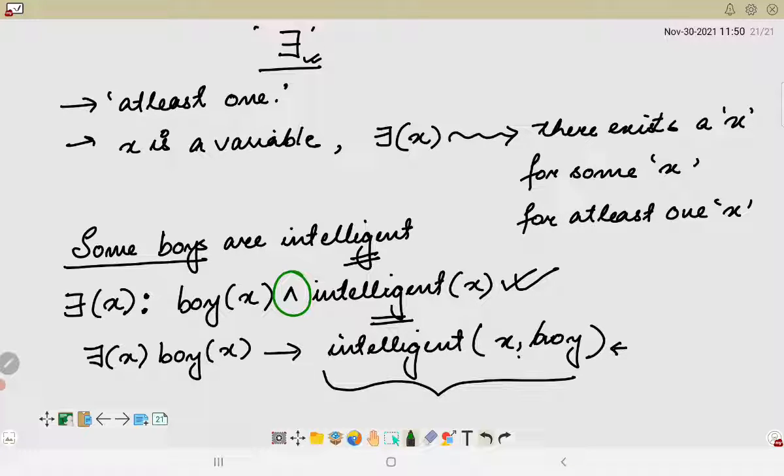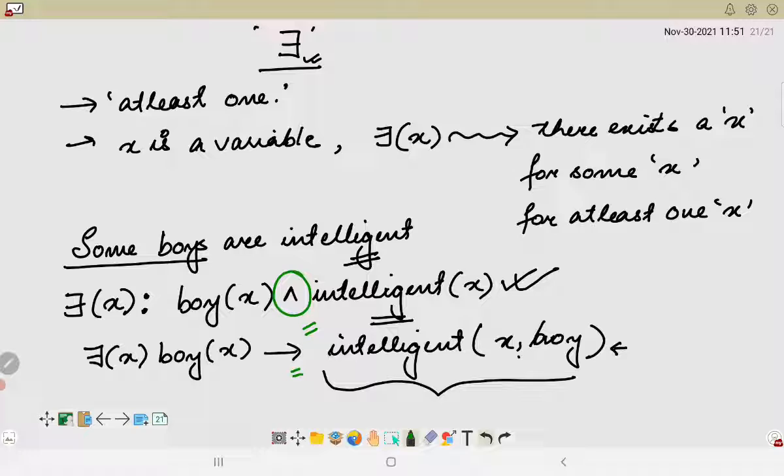So we have to keep this in mind. Though this representation is not incorrect, we have to make sure that if we are using existential quantifiers, we go for an and connective instead of an implication. Implication is generally used for universal quantification.